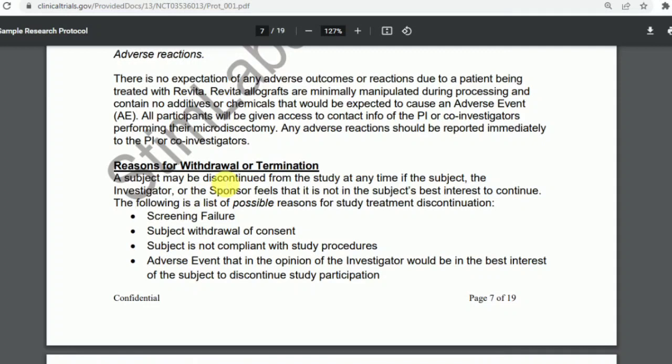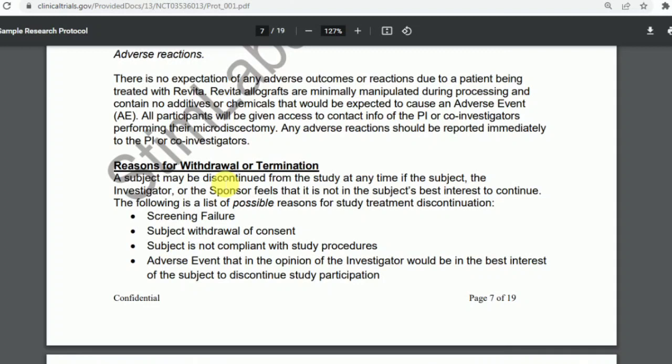Withdrawal. The withdrawal is a process where a subject is staying in some place and has participated in a clinical trial. Suppose the subject is staying in Delhi and he has participated in the clinical trial, but later he is transferred due to the job, or he is going to his hometown.